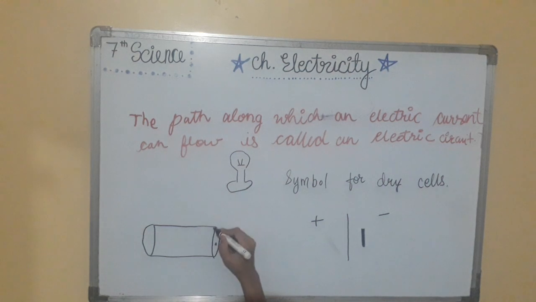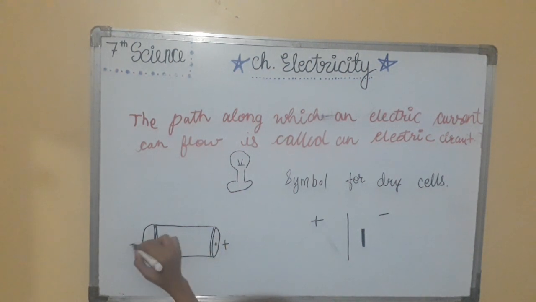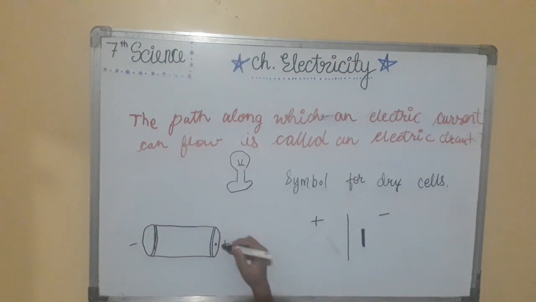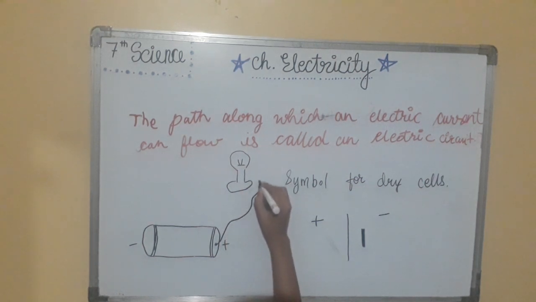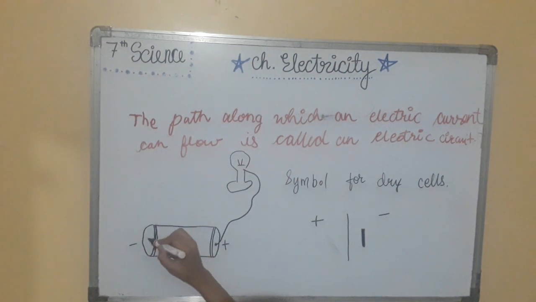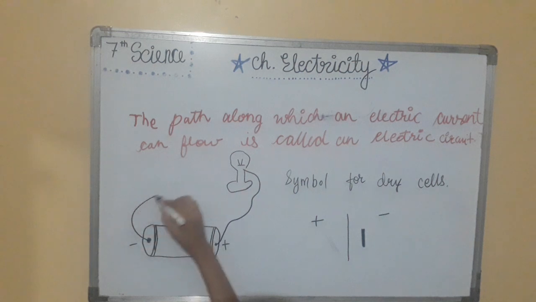First, there are the positive and negative terminals. This is the positive, this is negative, or you can take any. This is the wire connected to the bulb. The next wire.